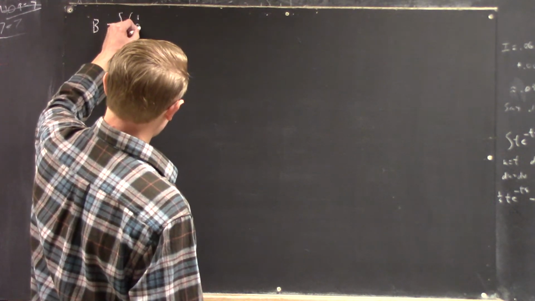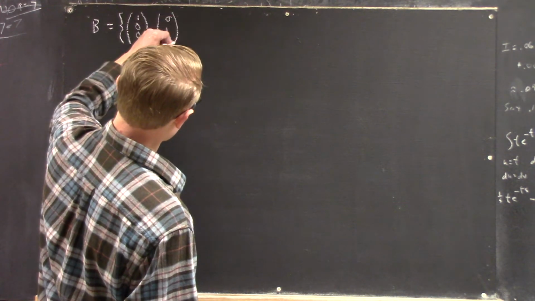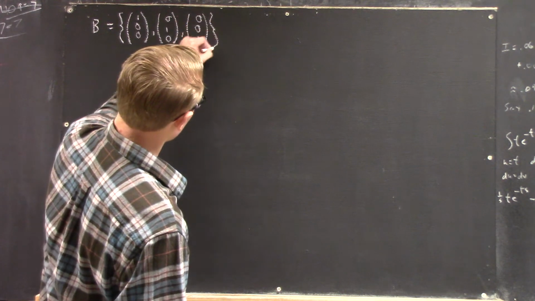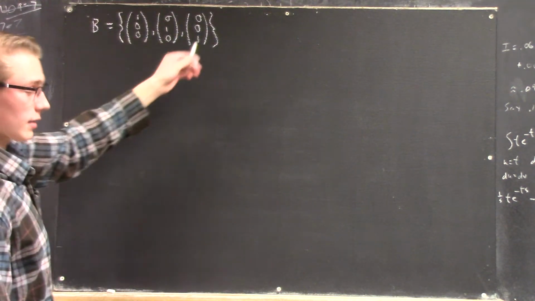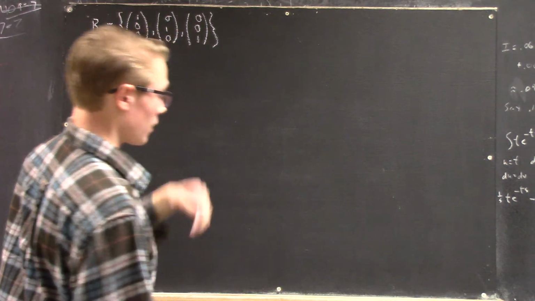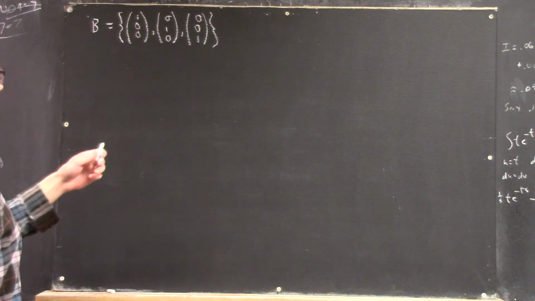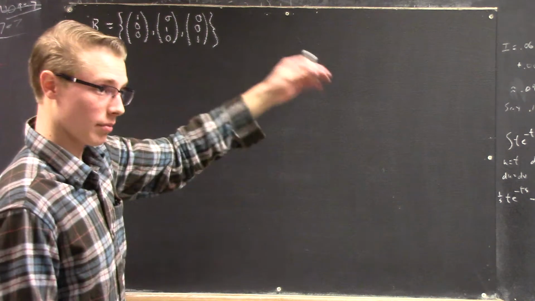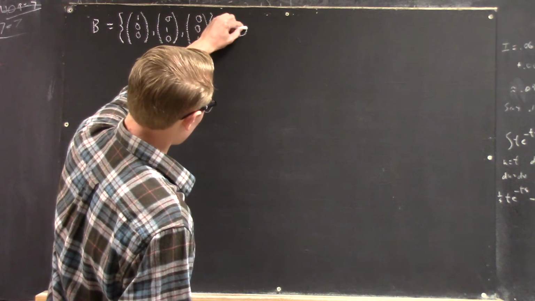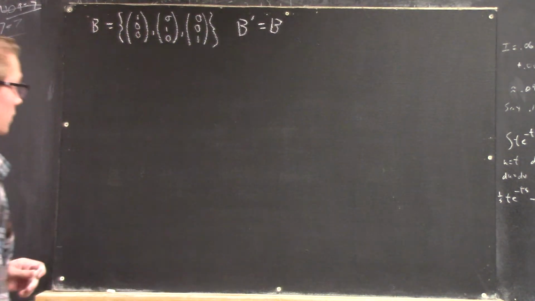It's the standard basis for R3, which consists of 3 vectors as such, as well as the second basis, which we can call B prime. But in this case, B prime would be equal to the original basis B.